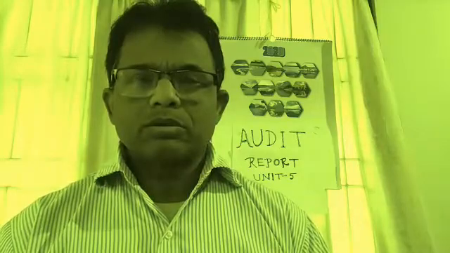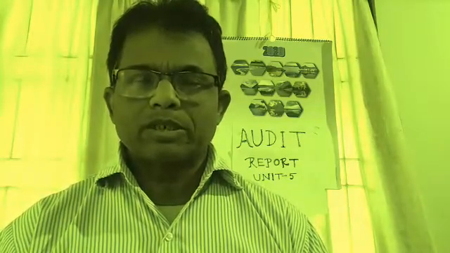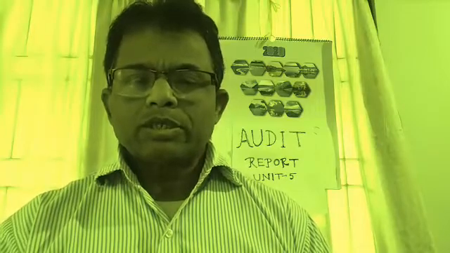Provision for doubtful debt. Suppose the auditor has found that there is no provision for doubtful debt, no provision for bad debt, but 50-60-70% of the debtors have become bad debt. So the auditor is saying that the books of accounts are not giving true and fair view. So this is a negative or adverse report.